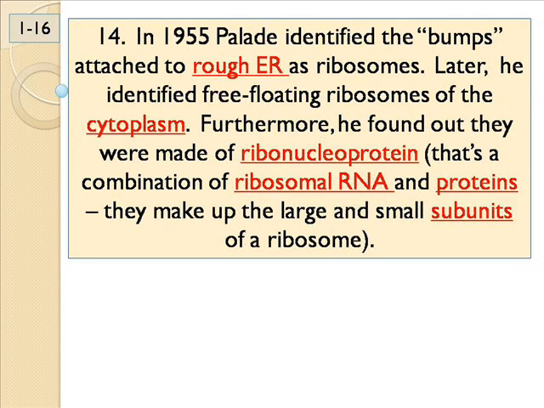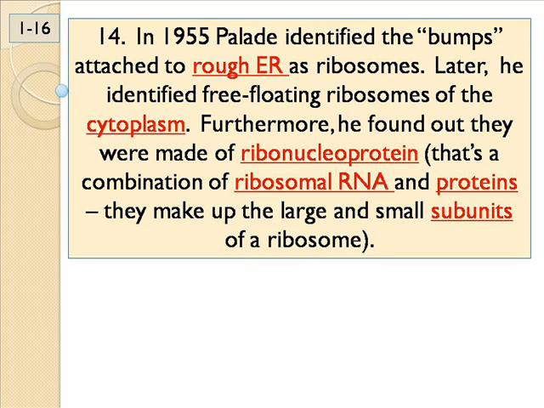And then in '55, the bumps. See, this guy had then discovered the ER. So his underling said, watch those bumps on the ER. He discovered these first and the free floaters next. He didn't know about these because he wasn't looking for them.